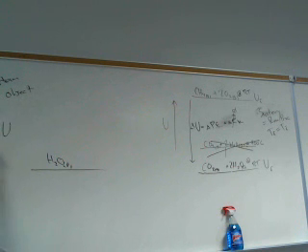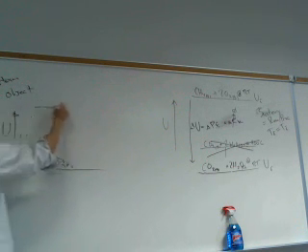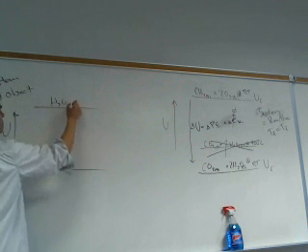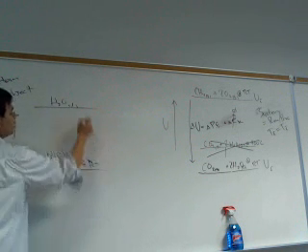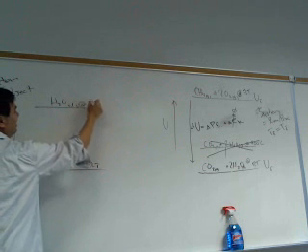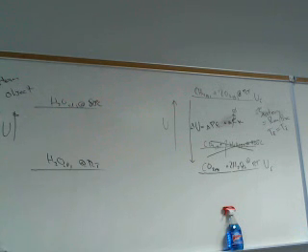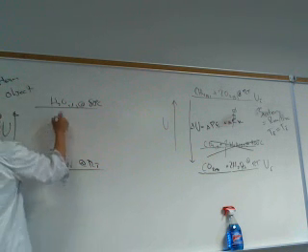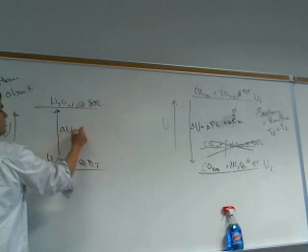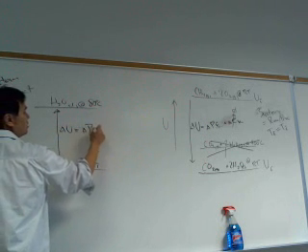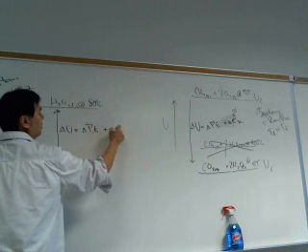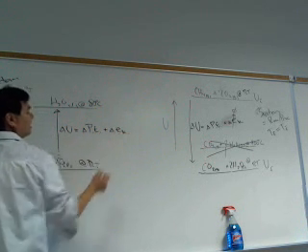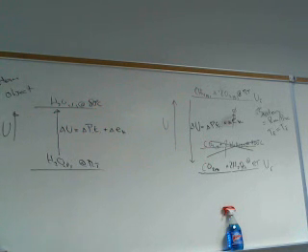And let's look at the total energy here, U. Let's go from H2O liquid at RT to H2O liquid at 80 degrees C. Would you say H2O liquid at 80 degrees C has a higher total energy than H2O liquid at room temperature? Yes. There's got to be an increase in total energy. Delta U is equal to the change in potential energy plus the change in kinetic energy, EK.